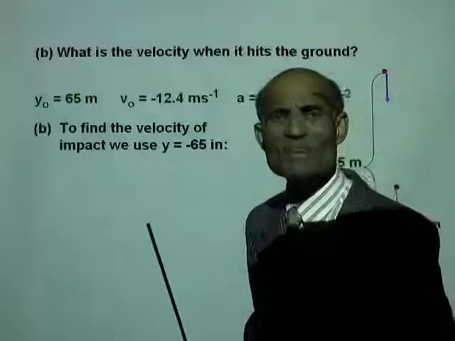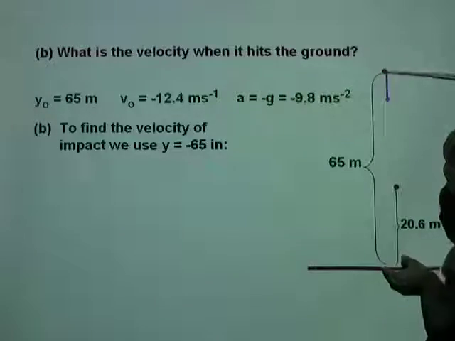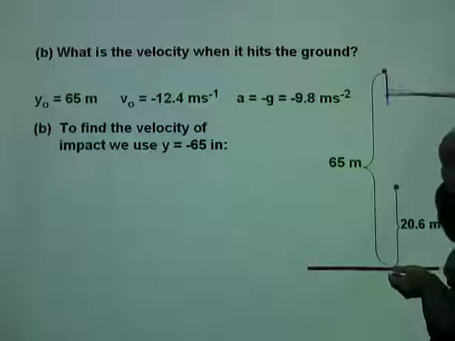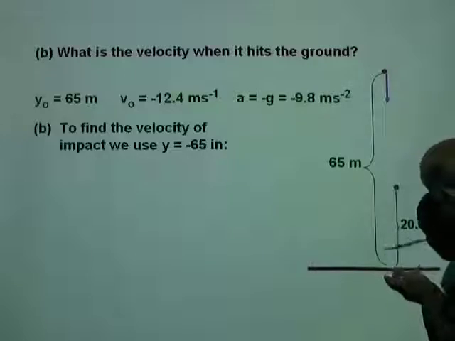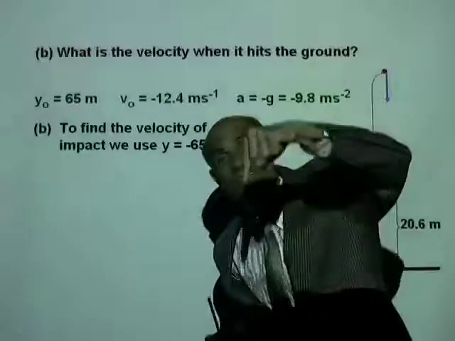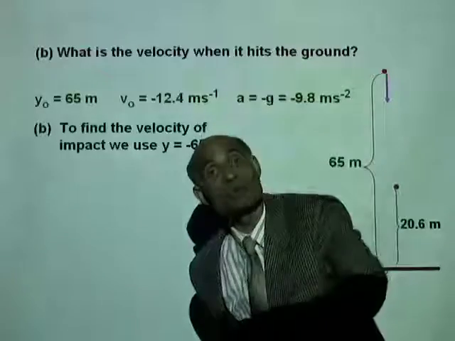Why do we use y equal to negative 65? Because the stone now travels a distance y equal to negative 65. It is going downward. It covered a distance of 65 meters downward.